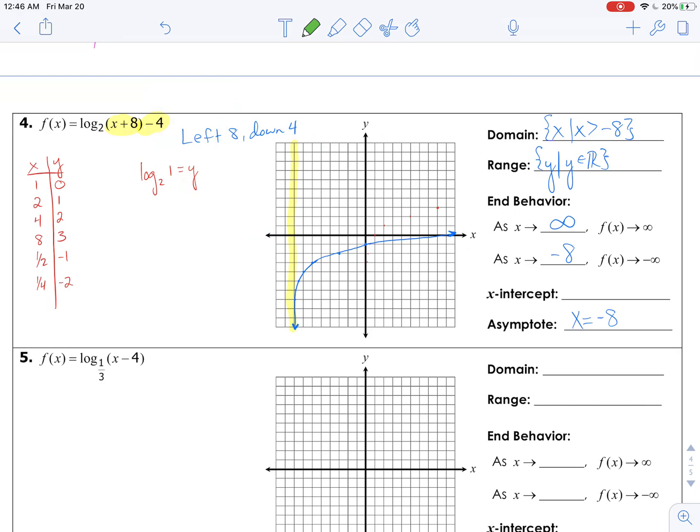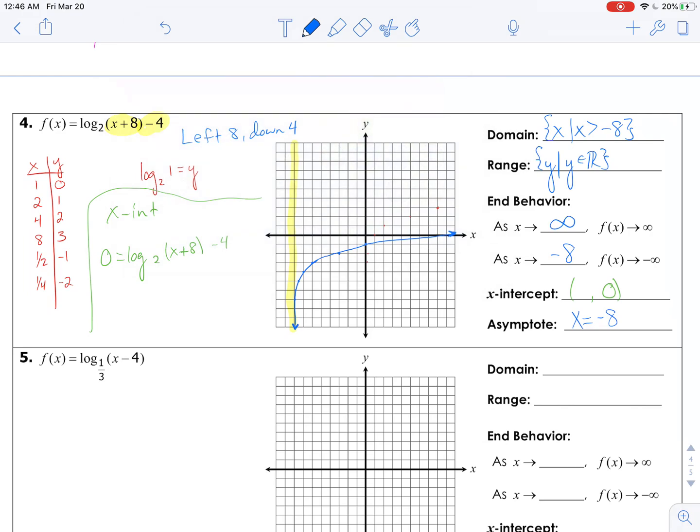So what we can do here is we can change it to green. We can plug in a 0 or substitute a 0 for y. So we can say, let's kind of box this off, x-intercept: 0 equals log base 2 of x plus 8 minus 4.